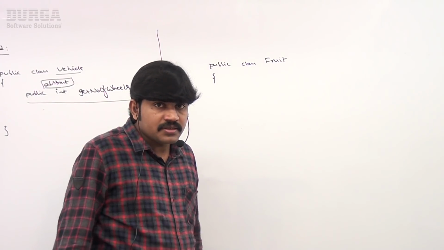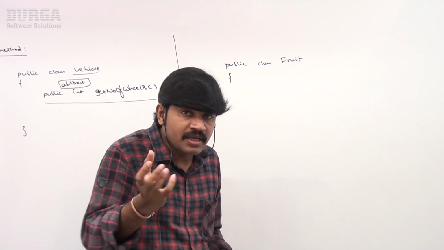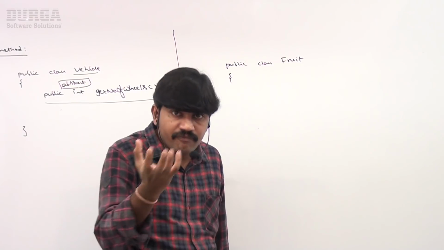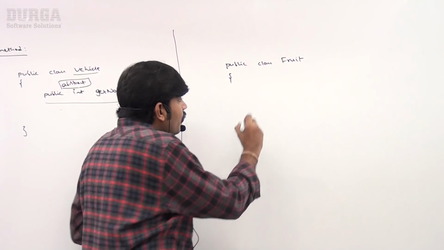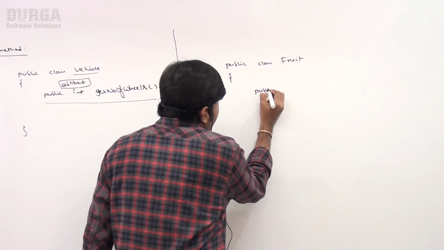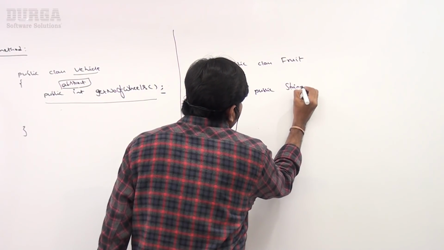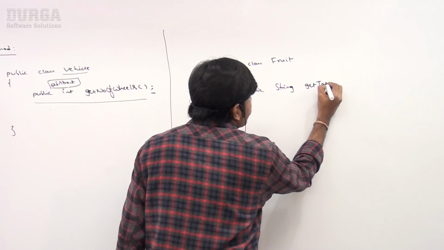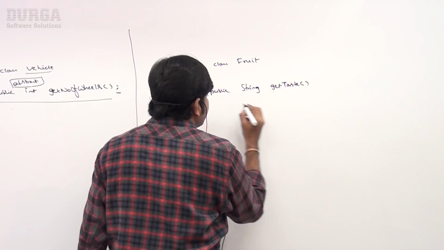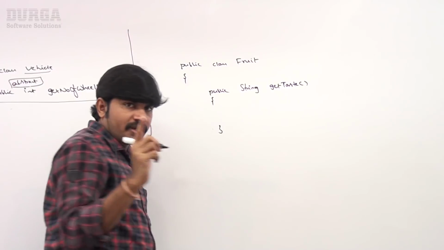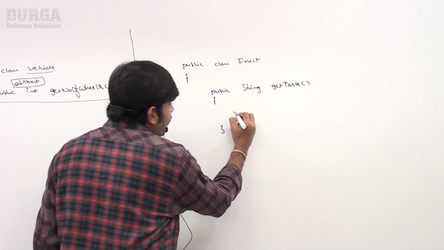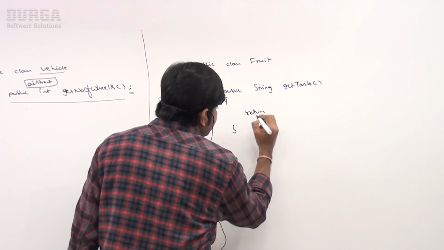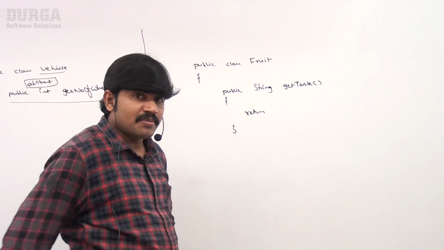Now my question is, every fruit has a taste, correct or not? Every fruit has a taste. Now, sir, public String getTaste. I have to return some string. I require to return some string. What is the taste of the fruit?